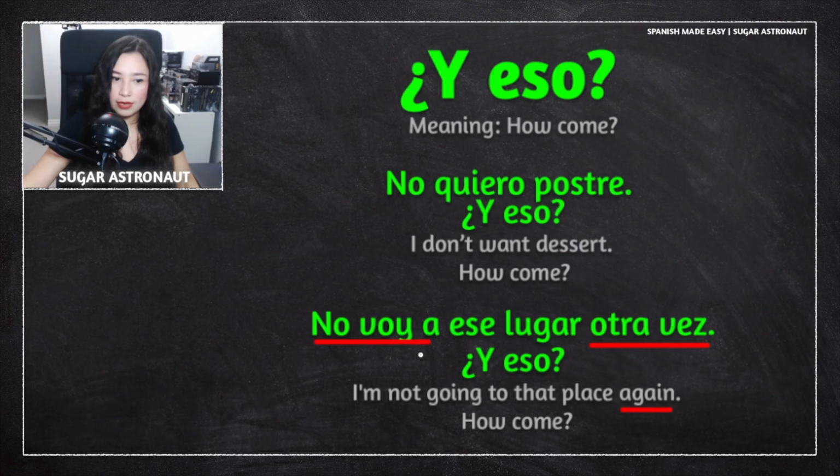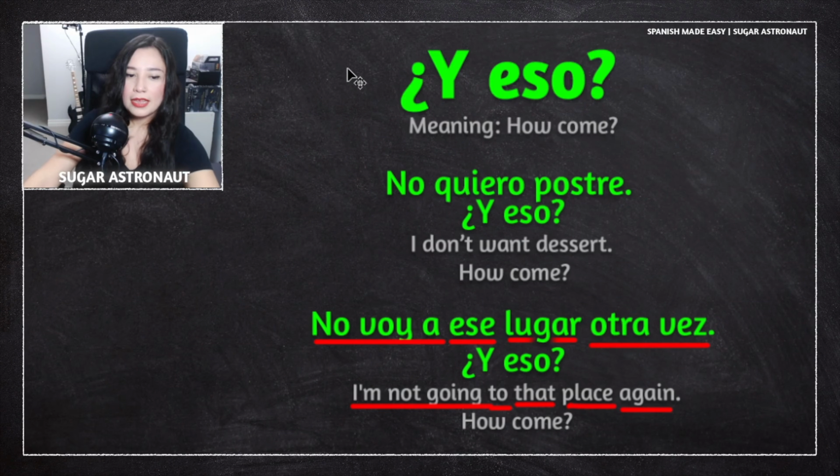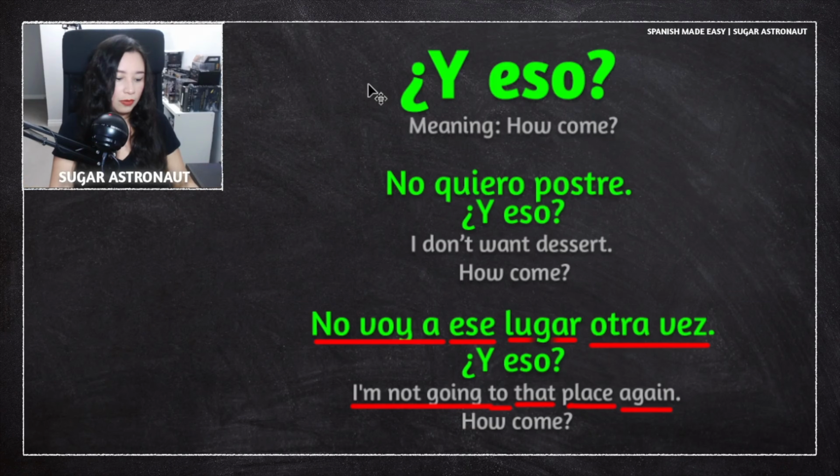Otra vez means again, okay? So no voy means I'm not going to ese, that, lugar, place, okay? So that's a more literal translation. Otra vez, again, okay? And then someone can ask, how come? ¿Y eso?